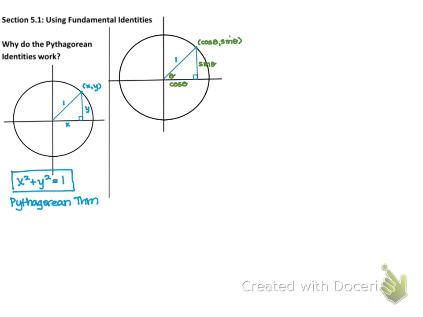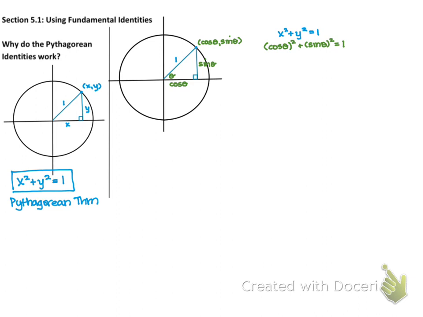I want to do the Pythagorean theorem again. So I had x squared plus y squared is equal to 1. But now I'm going to replace the x with cosine theta and the y with sine theta. Since I am doing cosine theta squared, I'm not squaring the angle itself.